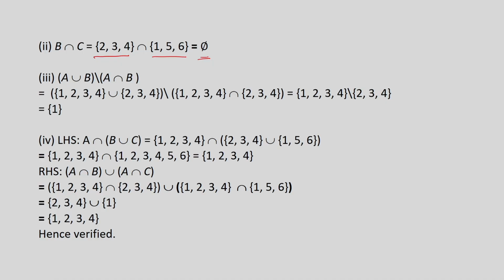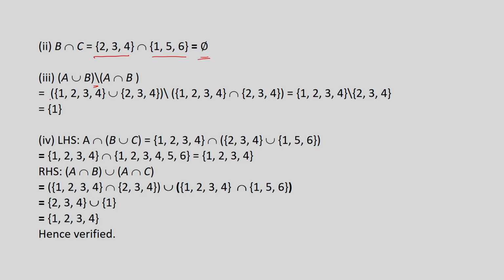The third is this, that we have to find out A union B, that is within the brackets, and this backward slash symbol, it basically denotes minus. So, backward slash within the brackets A intersection B. Okay.